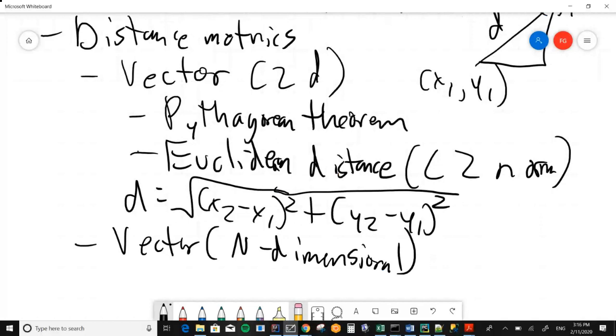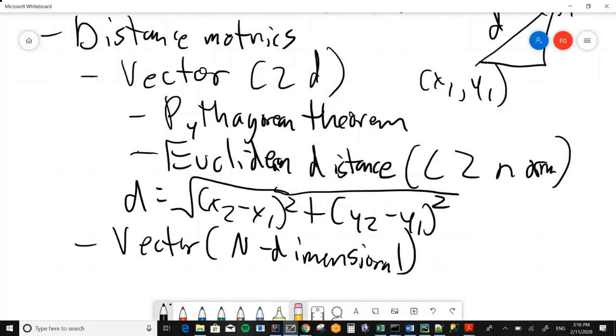When we say n-dimensional, we're just talking about how many array elements you need to represent the data. So if I have 20 by 20 images, we would consider that to be a 400-dimensional input, because each pixel is one dimension of the input space.